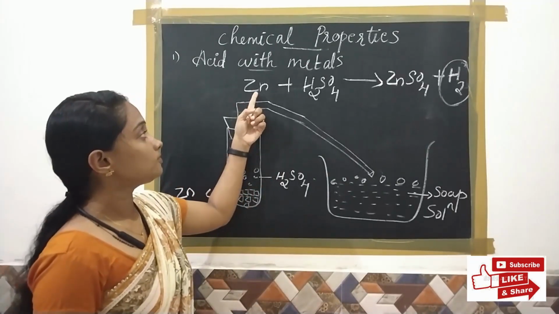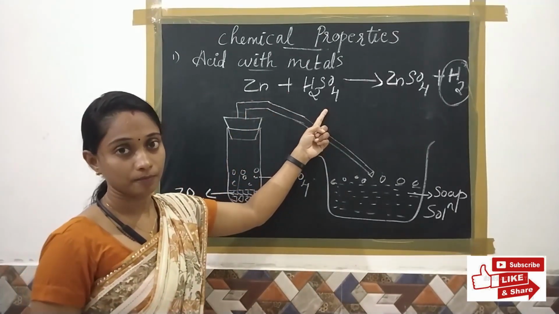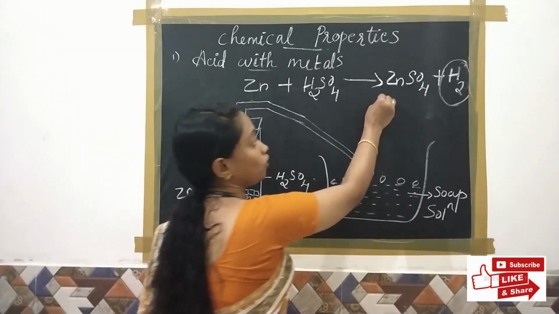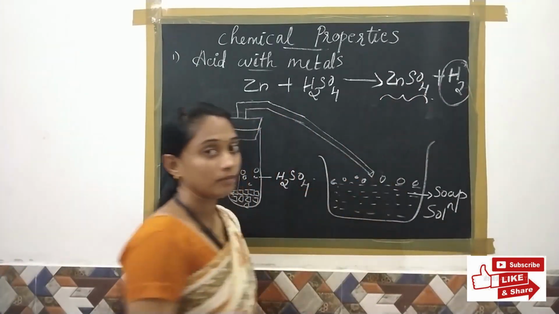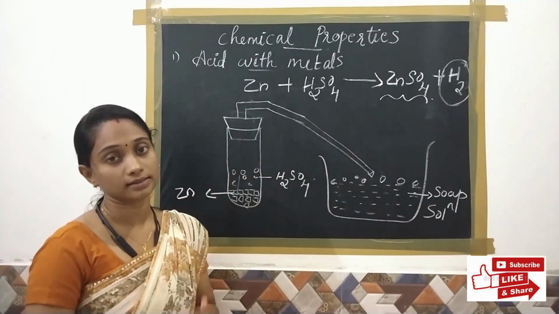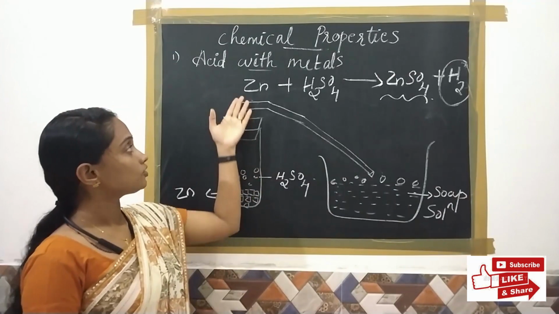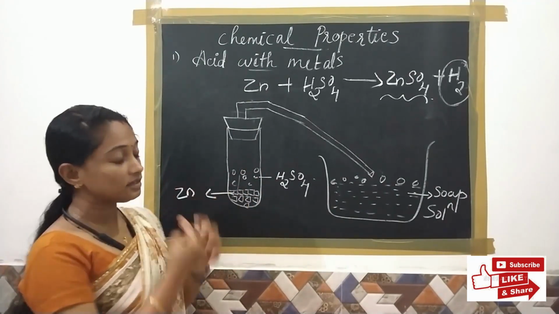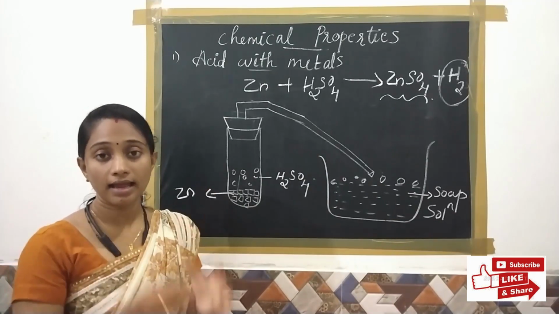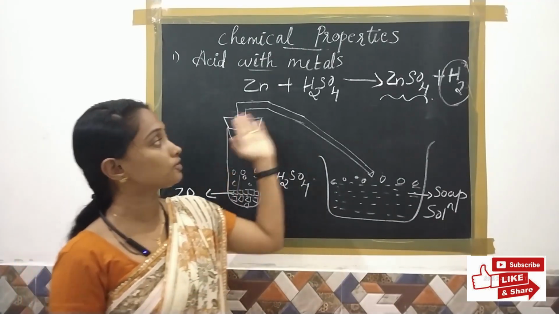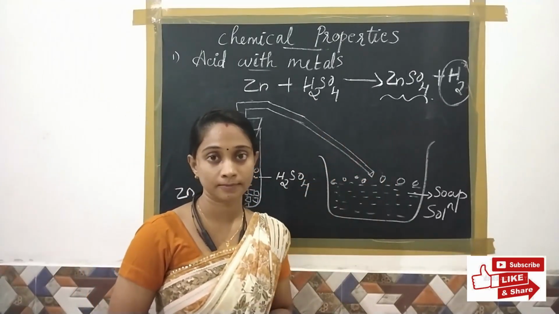Here, zinc is more reactive than hydrogen, so zinc displaces hydrogen and forms zinc sulfate, and the hydrogen is evolved as a gas. This reaction is named a displacement reaction. So in this activity we concluded that when any acid reacts with a metal, it will produce the corresponding salt and hydrogen gas.